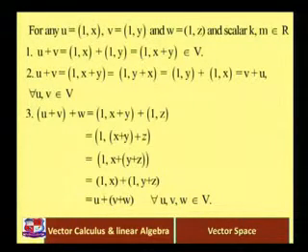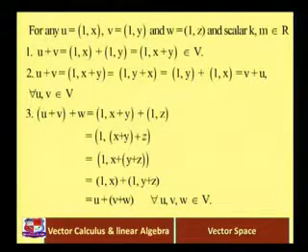Okay, the second condition. u + v is equal to (1, x + y), that is equal to (1, y + x), because x and y are real numbers. In real numbers we know that x + y is equal to y + x. The commutative law in real numbers is always true. We know that x and y are any real numbers, then x + y is equal to y + x. So we use that.